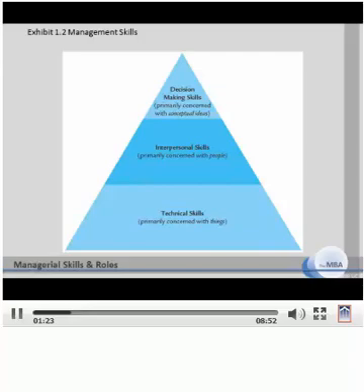Interpersonal skills involve our ability to understand, communicate, and work well with individuals and groups. In order to possess good interpersonal skills, we need to have the ability to form relationships and successfully maintain those relationships.